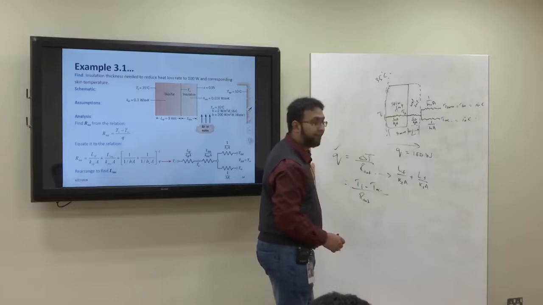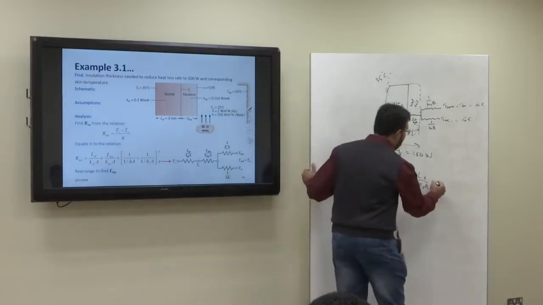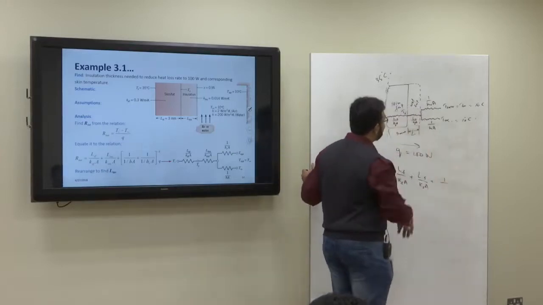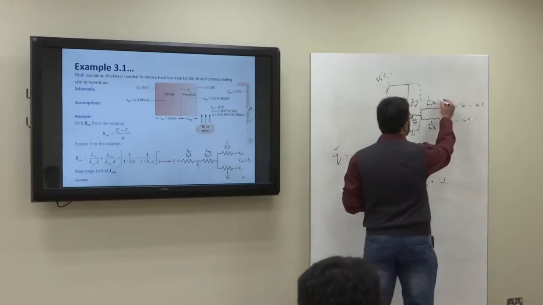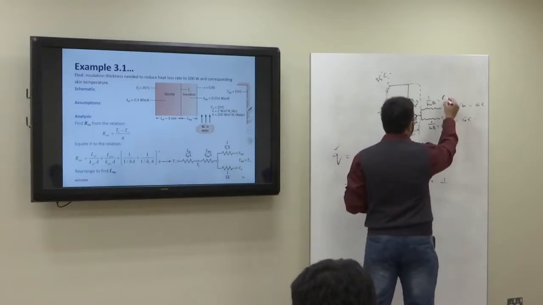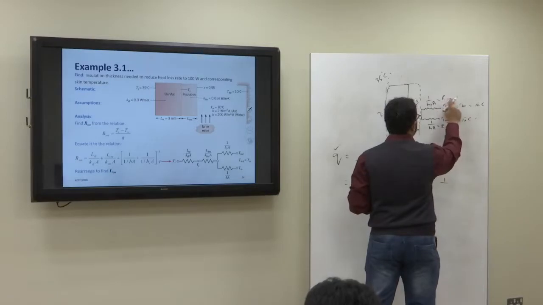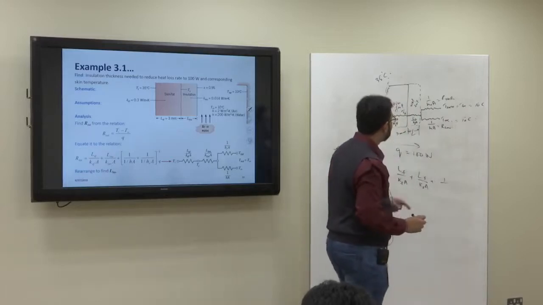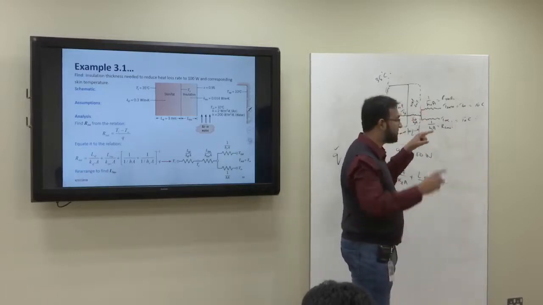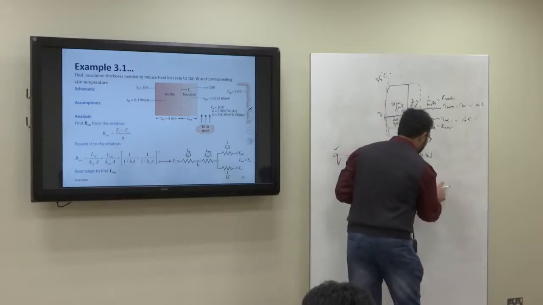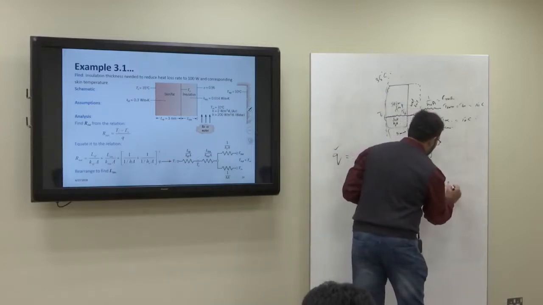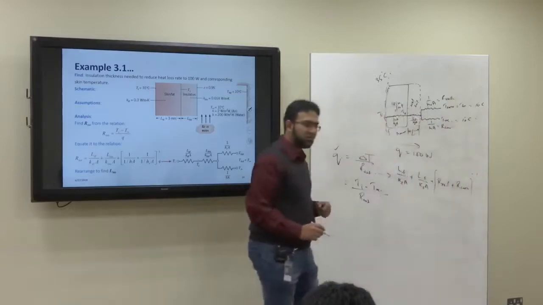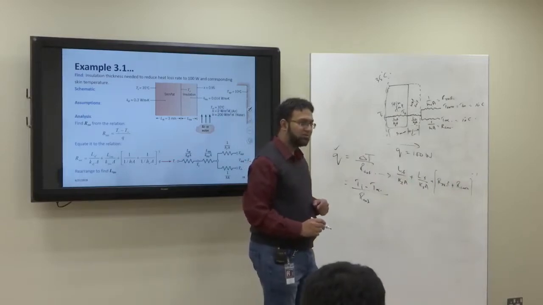Then I will say 1 upon. If this is the convective resistance and this is the radiative resistance, is R radiative plus R convective like this, or is it 1 over?